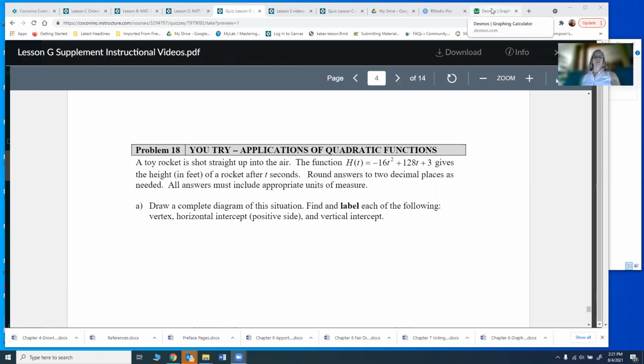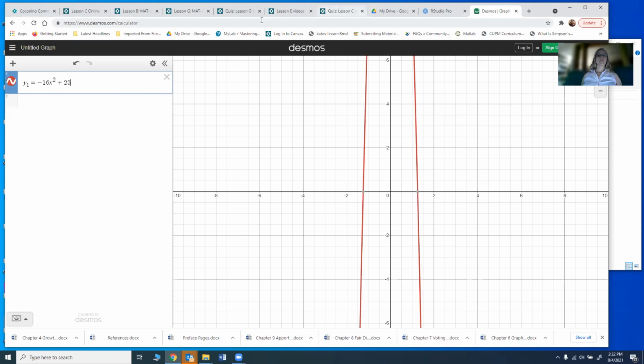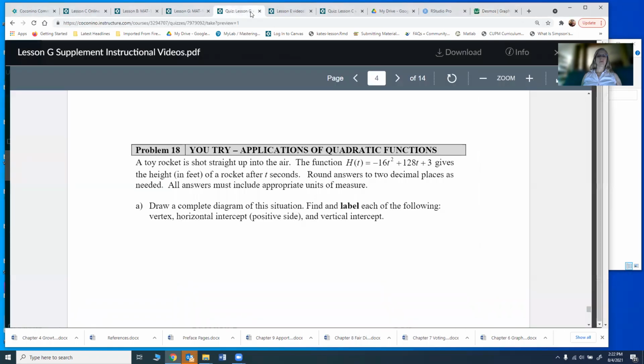We're going to go ahead and go into Desmos and type in that function. So y1 equals minus 16. Can't use t, you have to use x squared. And let's make sure I do have the right equation.